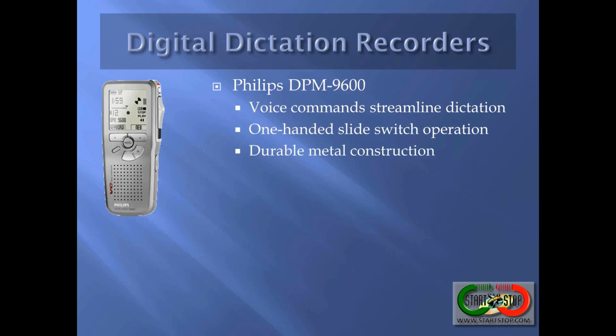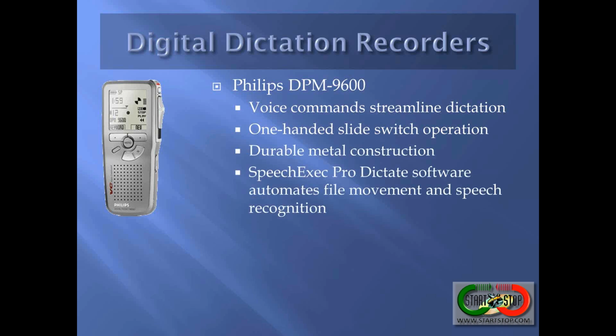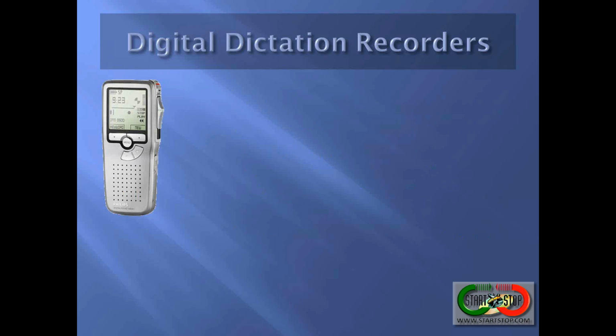The same metal construction and the same SpeechExec Pro Dictate software. You don't have a full color screen, but it is a large display that allows you to read things easily, and comes with a convenient docking station/charger.